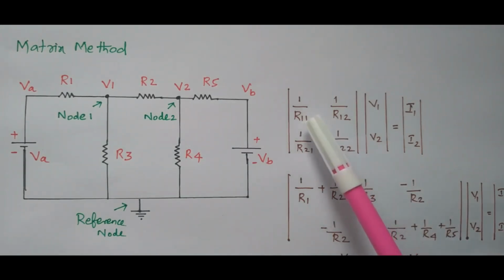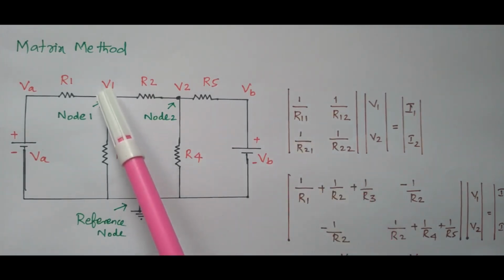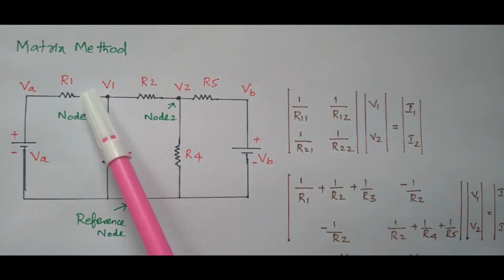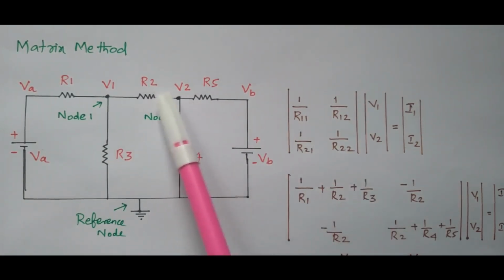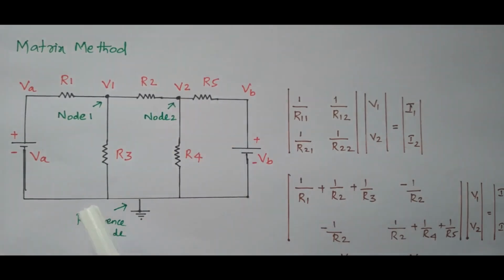So R11 is the resistors available at node 1: R1, R2, R3. R22 is the resistors connected at the second node: R2, R4, R5. R12 or R21 means the resistor commonly connected between node 1 and 2. So by using that we can frame the resistance matrix.